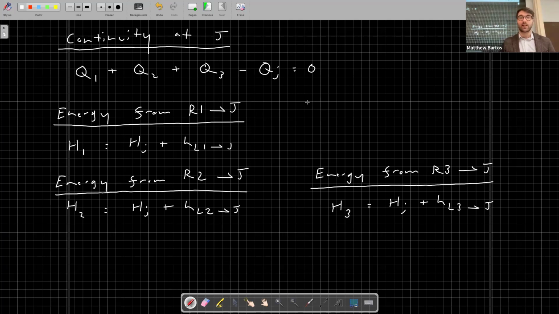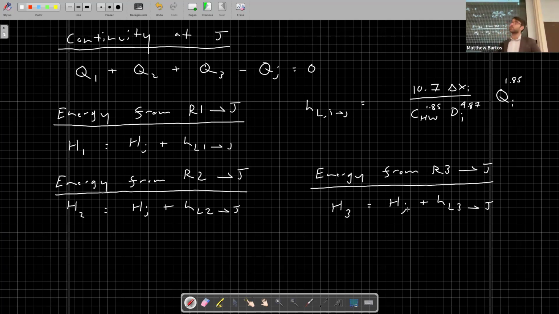For each of these expressions, our head loss, remember, was given by the Hazen-Williams equation in this case. So the head loss from I to J is equal to 10.7 times the length of the pipe divided by the Hazen-Williams coefficient to the 1.85 power, divided by the diameter of pipe I to the 4.87 power, times the discharge to the 1.85 power in pipe I. Remember that for these pipe network problems, we care about the direction that the flow is going.